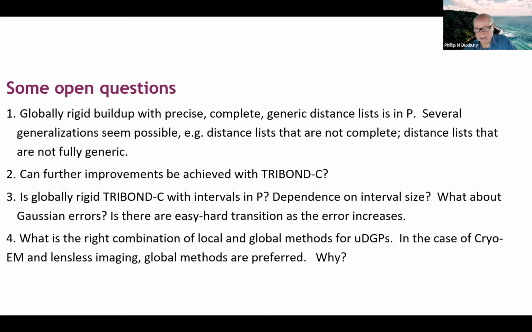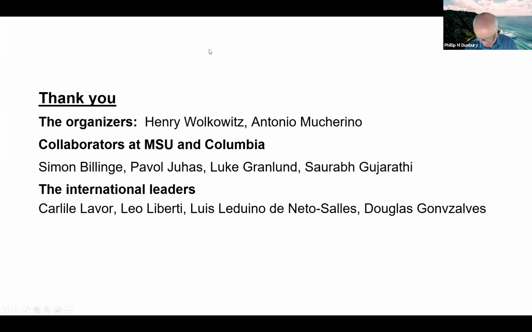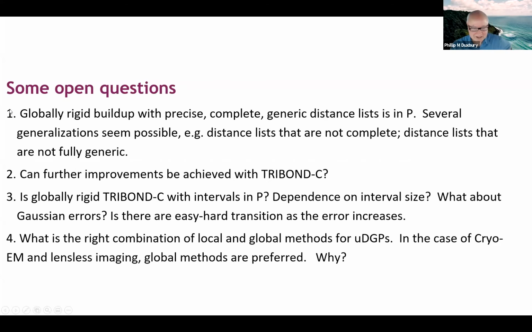And then finally, I don't want to say anything on a less than optimistic note, but we know that the best methods for finding atomic structure at the moment are global methods, and they are using crystals and using inverse Fourier transforms, and then the nice algorithms that are out there for cryo-EM and lensless imaging, which takes scattering data, say from LCLS, and produces a scattering pattern which is inverted using direct methods.